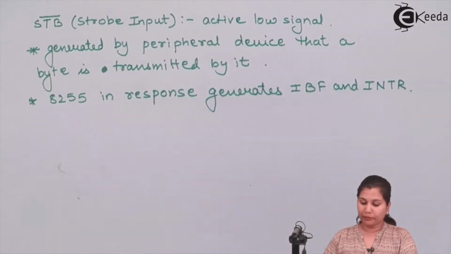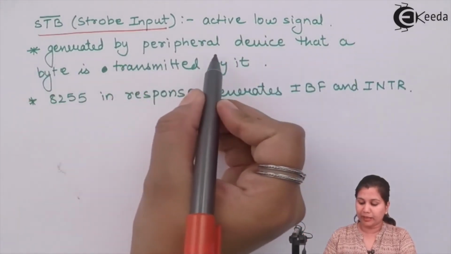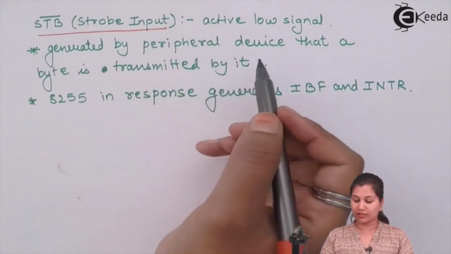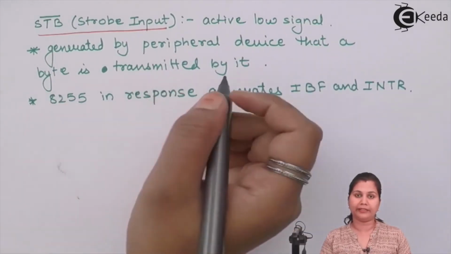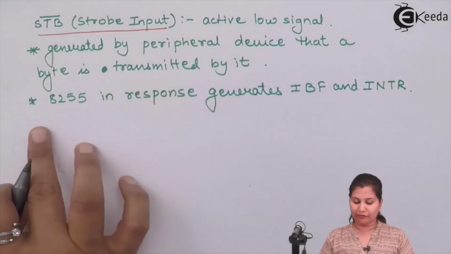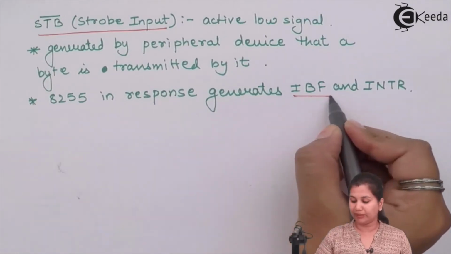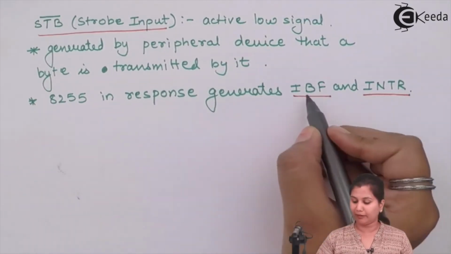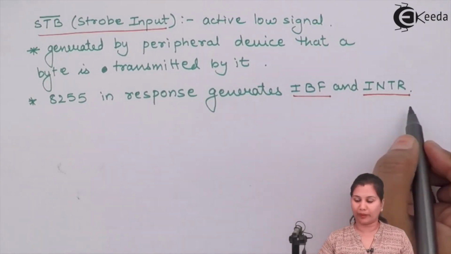So strobe input is an active low signal generated by the peripheral device, showing that the device has transmitted a byte to the 8255. In response to this strobe input, the 8255 generates the signals IBF and INTR. IBF is the input buffer full, and INTR is the interrupt request.